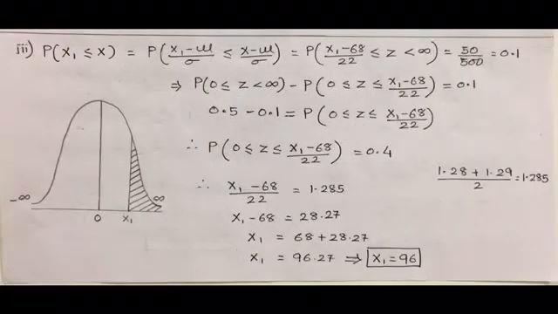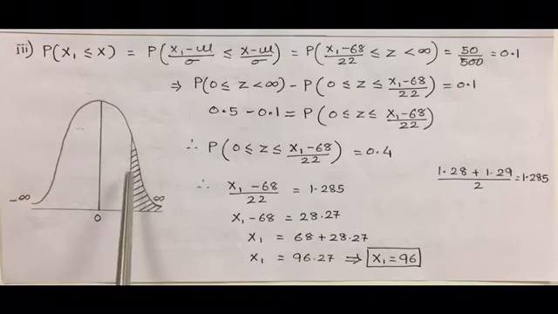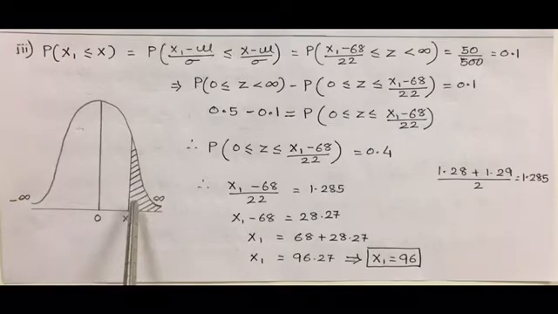Question number 1's third part is find the minimum score of most intelligent 50 children. Now for this, to get the minimum score, first we will draw the bell-shaped graph. The most intelligent student will lie towards the positive infinity.